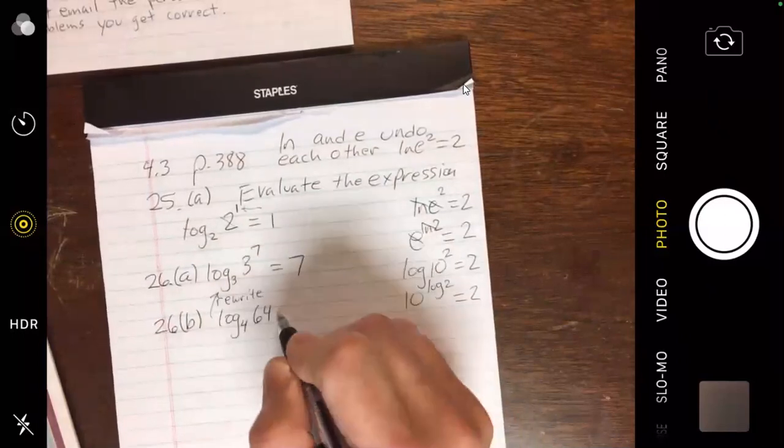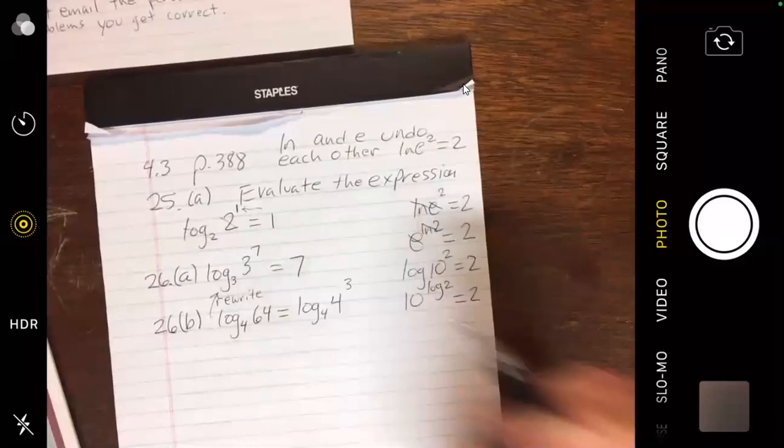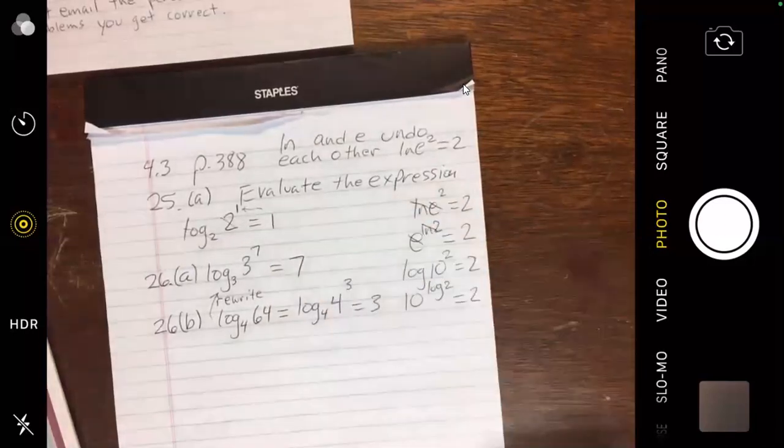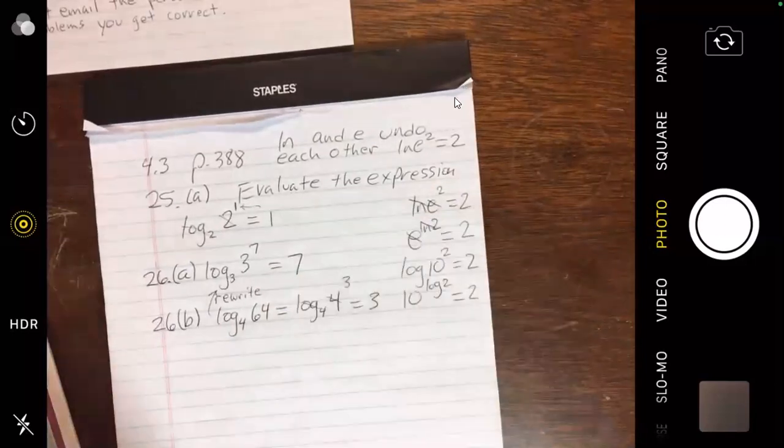Hope you know that 64 is 4 to the 3rd power. You would get 3, as these undo each other.